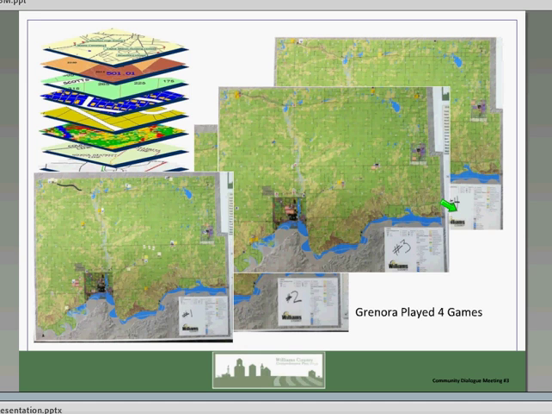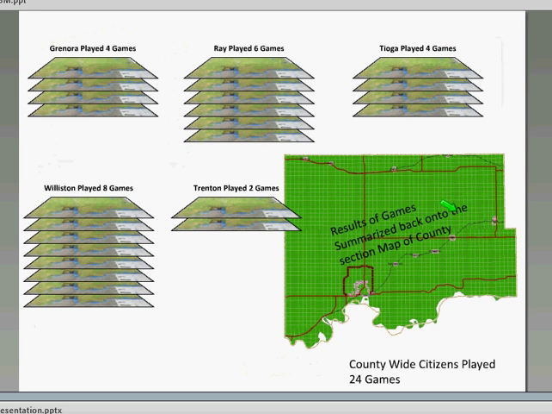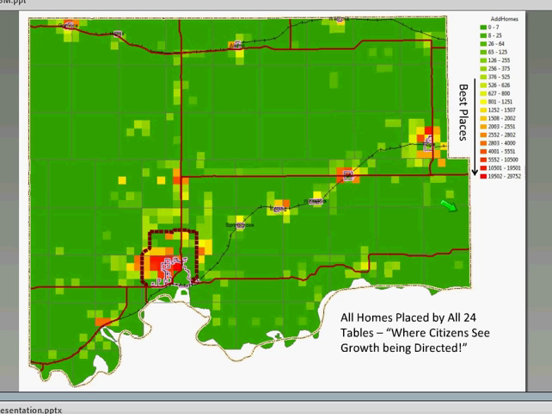Here are literally the game boards themselves, photographs from Granora, where 4 tables played the game one evening, but they were actually all encoded into the computer so that we could do some evaluations. There were 4 games in Granora, 6 in Ray, Tioga played 4, Williston played 8, Trenton played 2, and this grid, which is where they played those, literally became something that we could evaluate the results on.